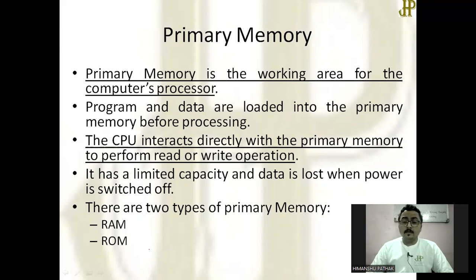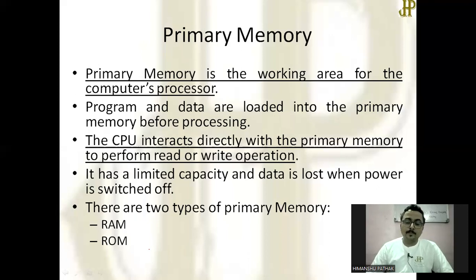I need some software like Zoom to record my video. So that Zoom application should be loaded into the primary memory. What it means is that whatever read or write operation is to be executed, that application or data or instruction should be loaded into the primary memory first.